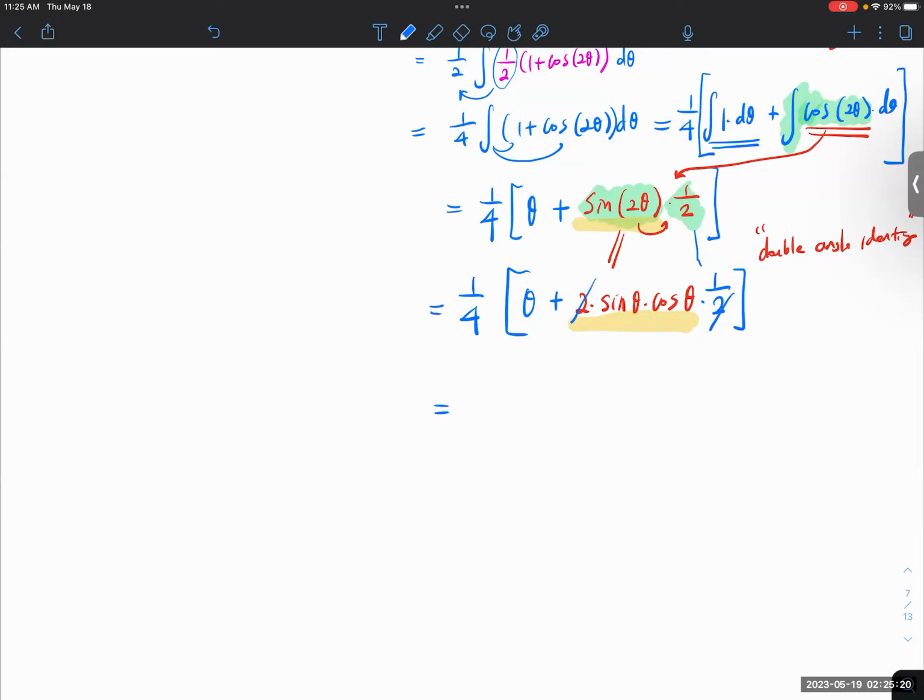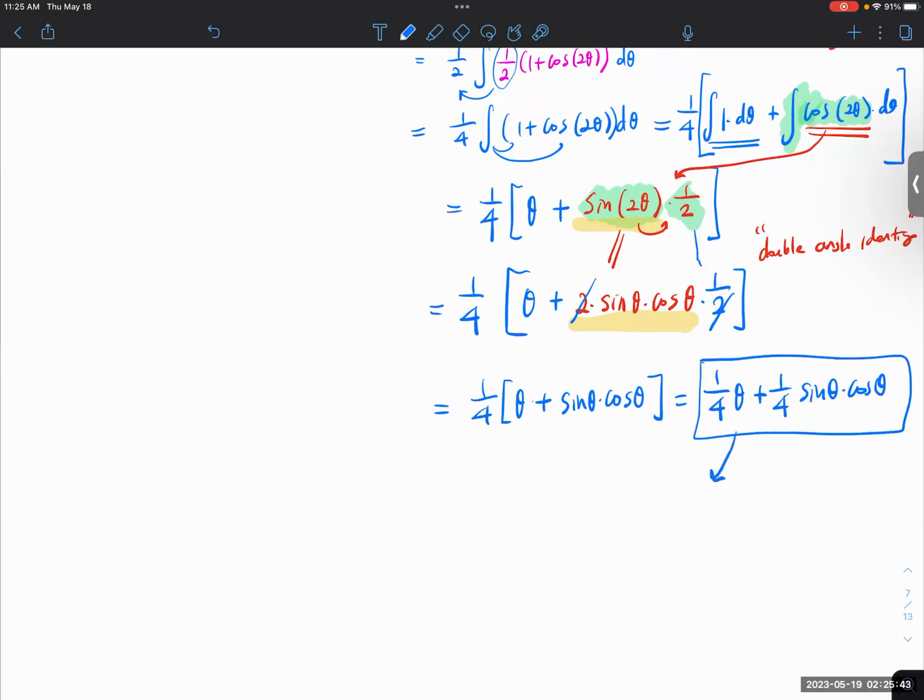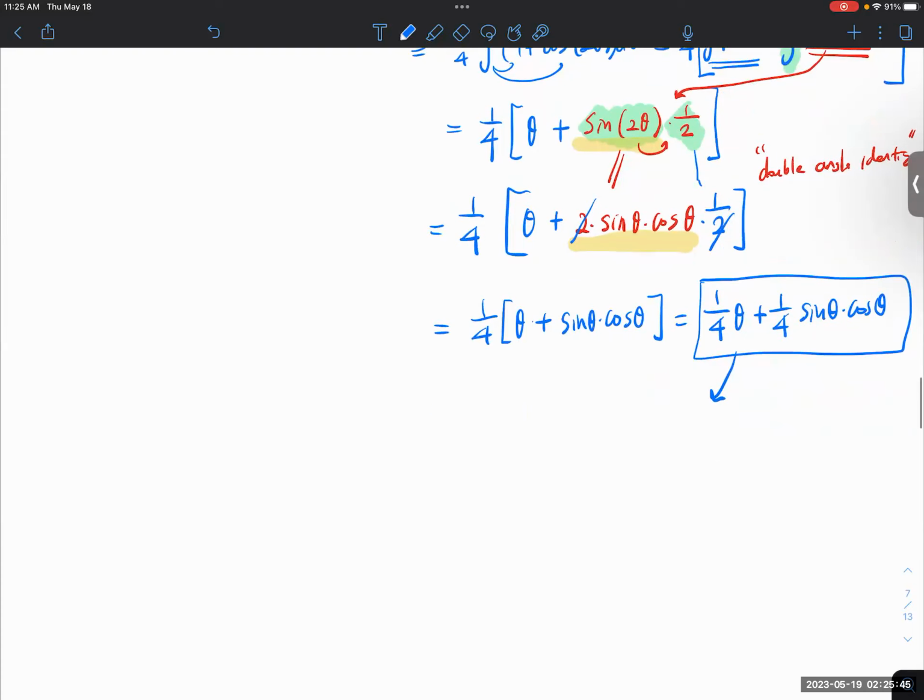So we have 1/4 theta plus sine theta cosine theta. And then this is going to be 1/4 theta plus 1/4 sine theta cosine theta. That's your answer in terms of theta. But I want to go back to the x variable, isn't it? This is the answer with respect to theta.